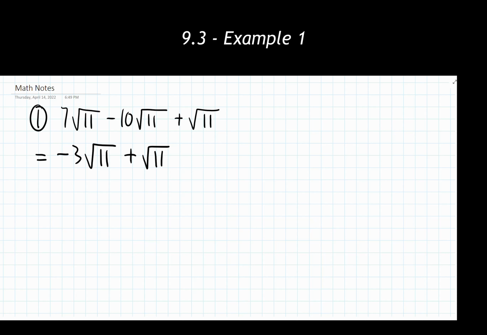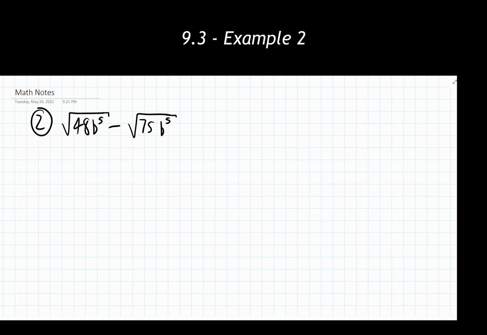And now I can get to it. I have a negative 3 plus this invisible 1 that's written in here. So negative 3 plus 1, that's going to give me negative 2. Index and radicand don't change. So I get a final answer here of negative 2 times the square root of 11.